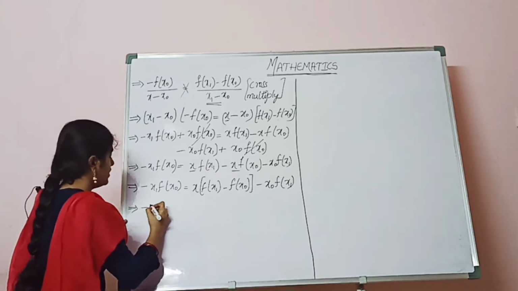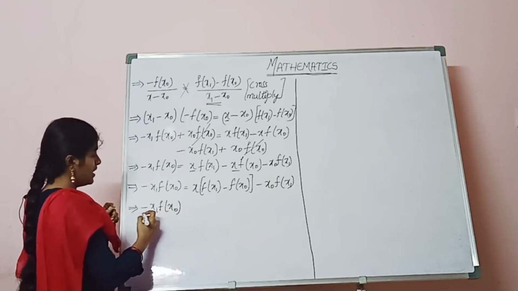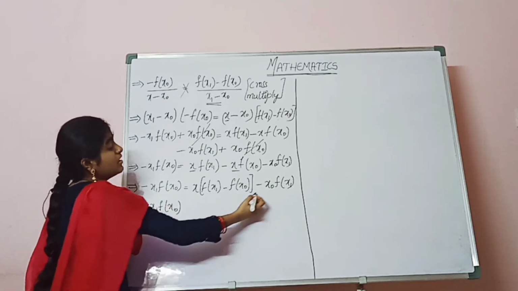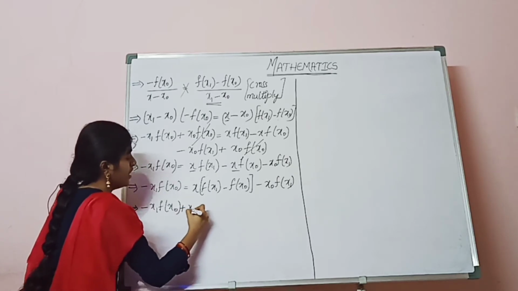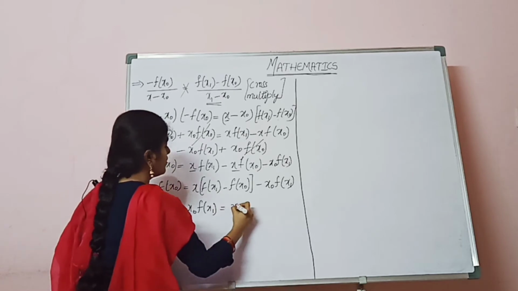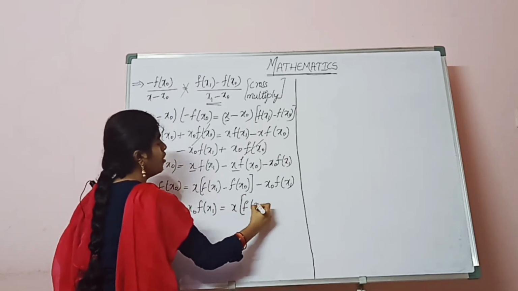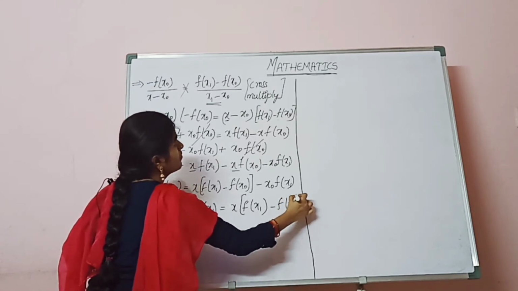Now minus x1 into f of x naught equals minus x1 into f of x naught. Now this minus value we will take here, so it will become plus x naught into f of x1 equals the same as it is, x into f of x1 minus f of x naught.